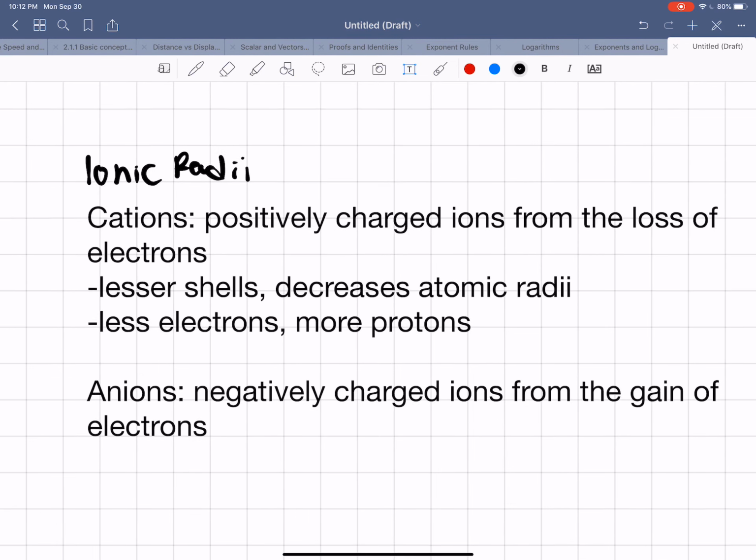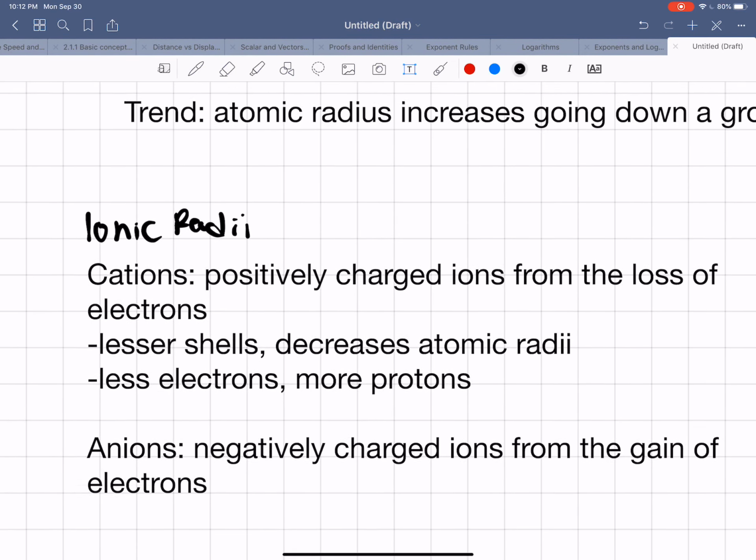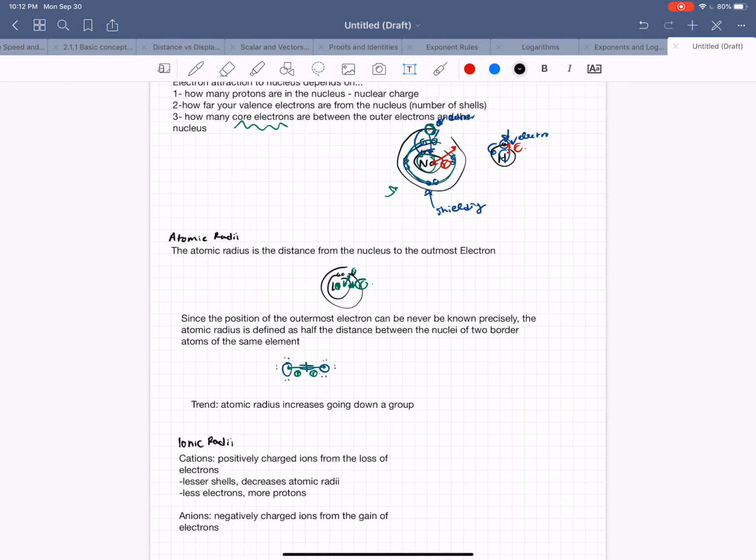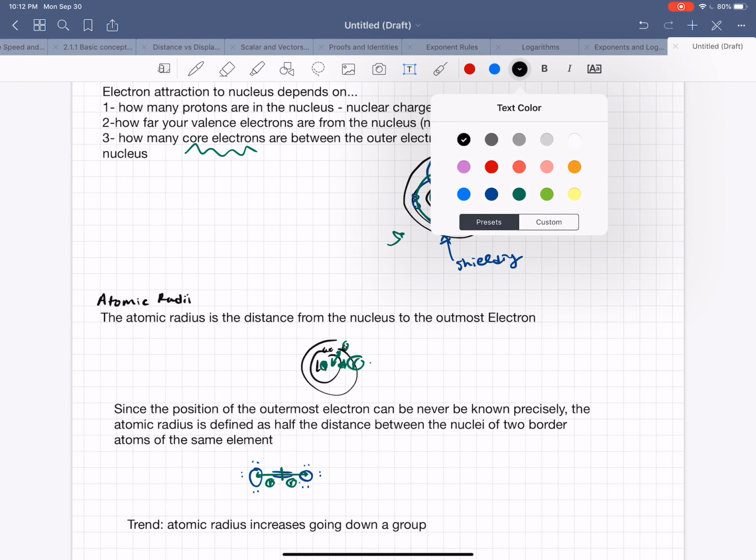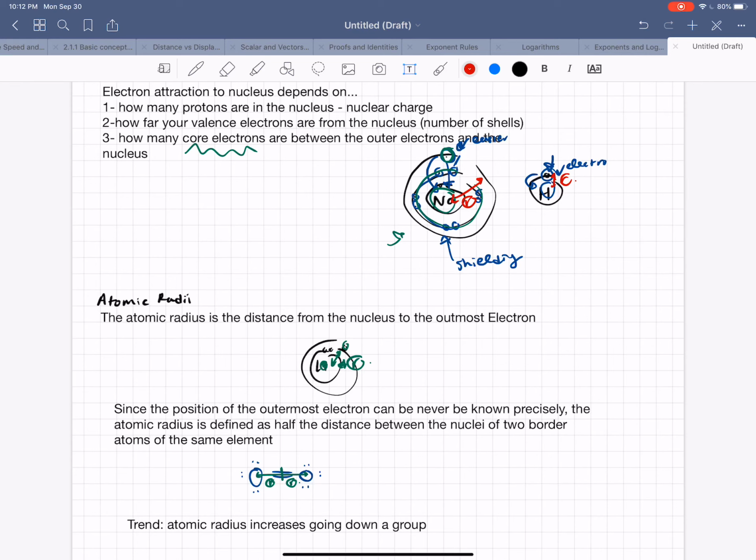So let me show you an example. If I go back to our sodium, and my sodium all of a sudden lost an electron, it formed a positive 1 charge. This is what it looks like now.